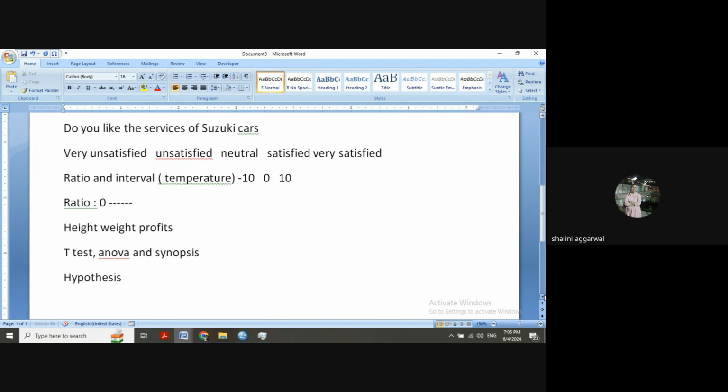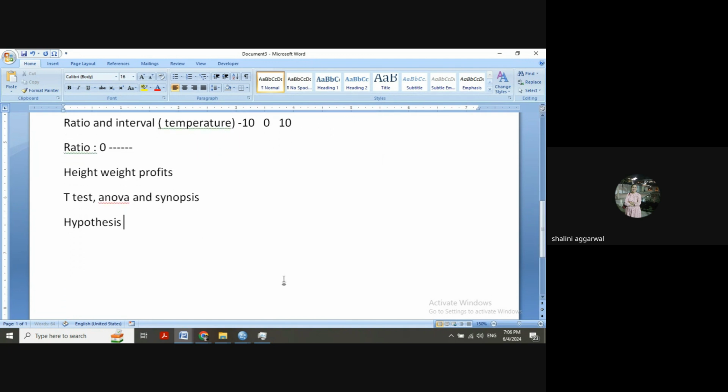This is one topic that is very, very important. Hypothesis is an assumption. So these are today's topics. This is what we are going to talk about today: t-test, ANOVA, and synopsis.